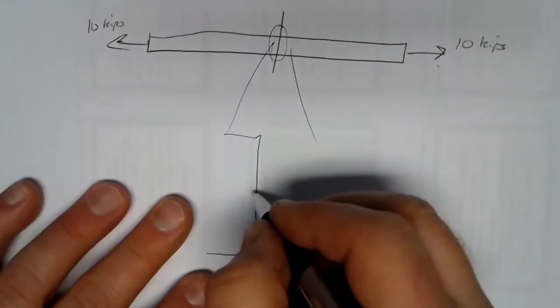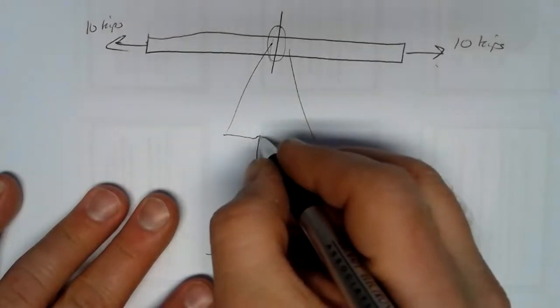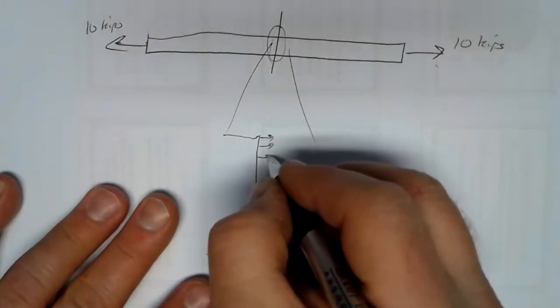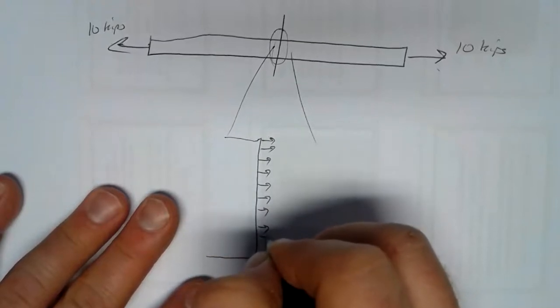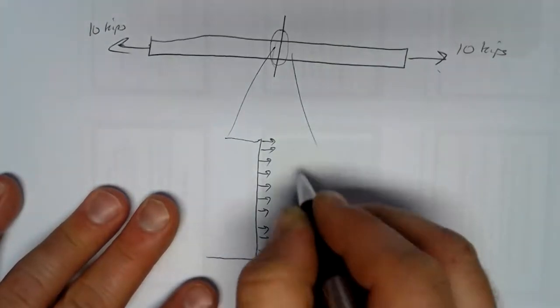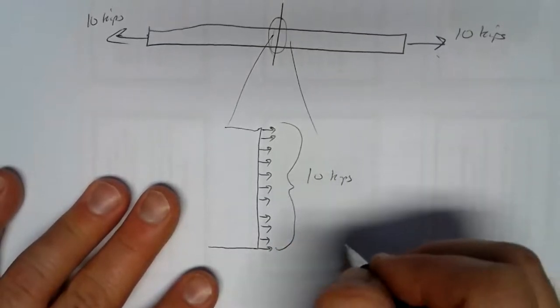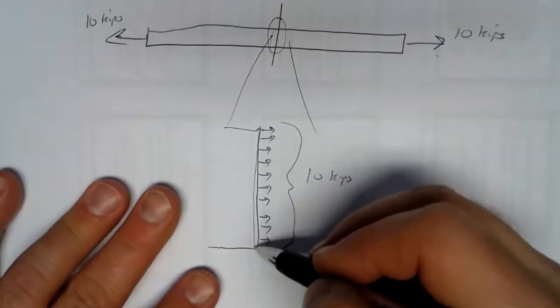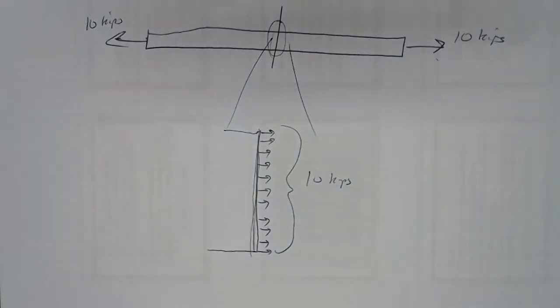What we would see is not one force pulling to the right with 10 kips. What we would see is a uniformly distributed force that, if we added it all up, would equal 10 kips. But that 10 kips is spread out over the cross-sectional area. So last time we learned how to calculate the normal stress, which is essentially a pressure. And as a pressure, it's a force spread out over an area.